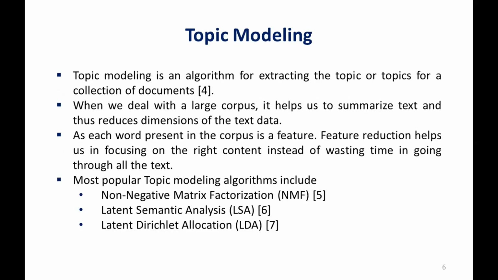Topic modeling algorithms are generally used to extract topics out of a collection of documents. When we deal with a large corpus, which is a large set of documents, it helps us summarize the text, and therefore reduce the textual dimension.